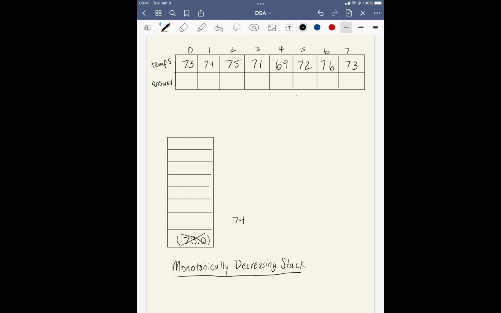That means that we found a number that is greater than the number that we just popped. So we can get the number of spaces it took to get a higher temperature by doing the index that we're currently on, which is 1.